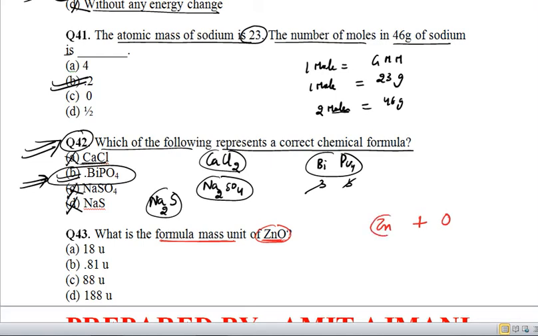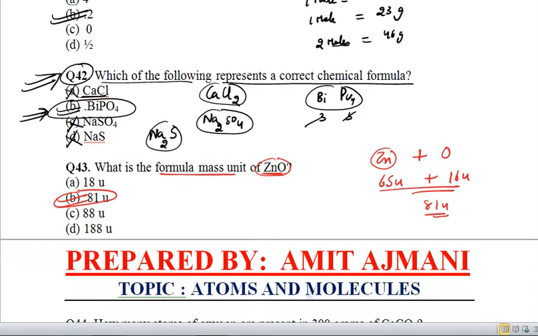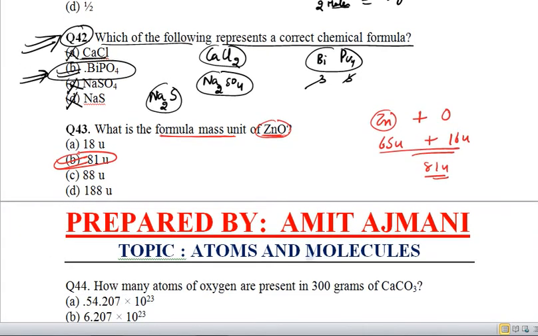Atomic mass of zinc is 65 units and that of oxygen is 16 units. So it simply comes out to be 81 units and it is given in the B option. So we'll mark B, 81 units, to be our right answer. Clear? Coming to the next question.